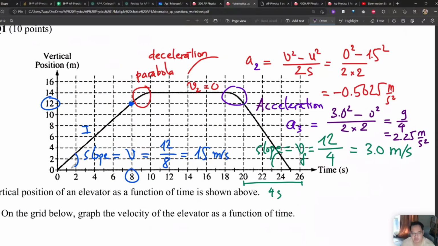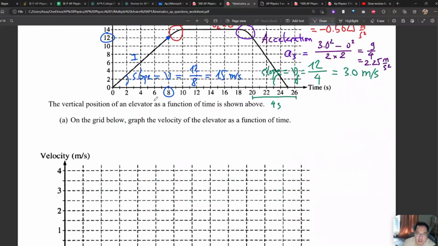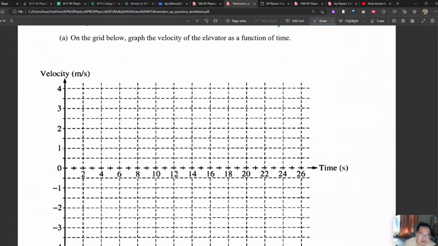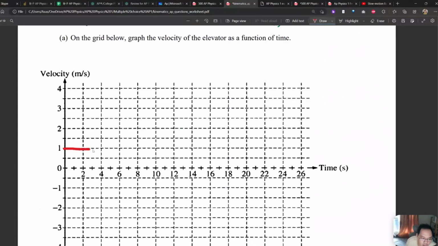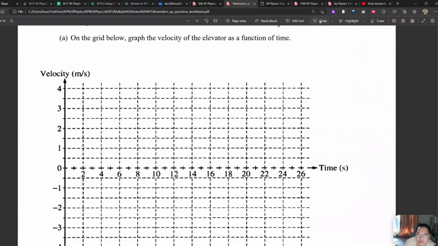Now we will convert this position graph to a velocity graph. Initially, velocity is constant, 1.5. For the first 8 seconds, 1.5, draw a horizontal line in red color, make it thicker. 1.5 here, 8 seconds.